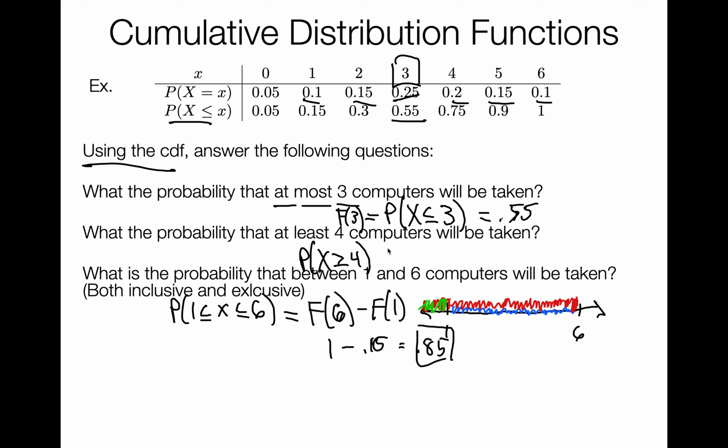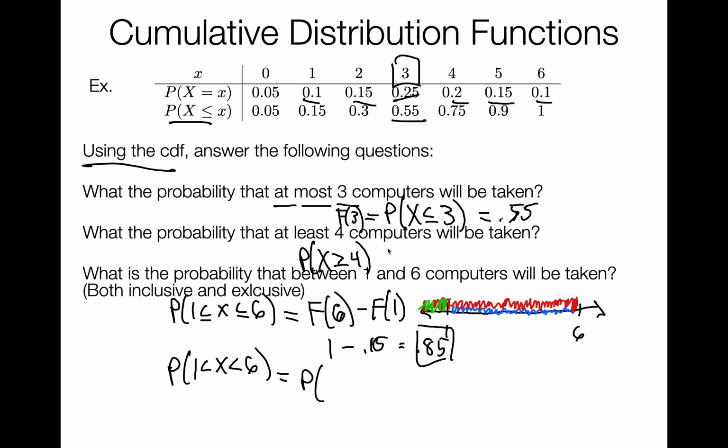Exclusive means that we don't include the less than or equal to signs. So it's between 1 and 6 exclusive. You can rewrite this by asking what is the next closest thing to 6 that we are interested in counting, and what's the next closest thing to 1.